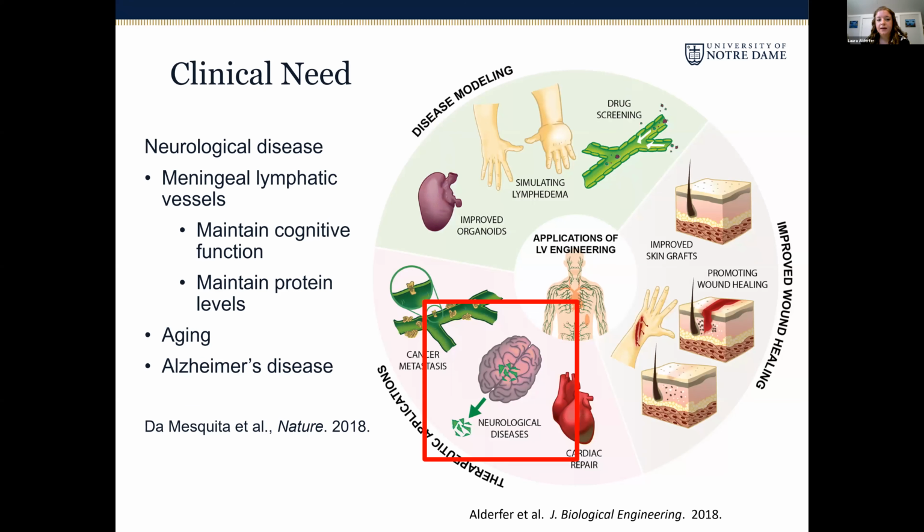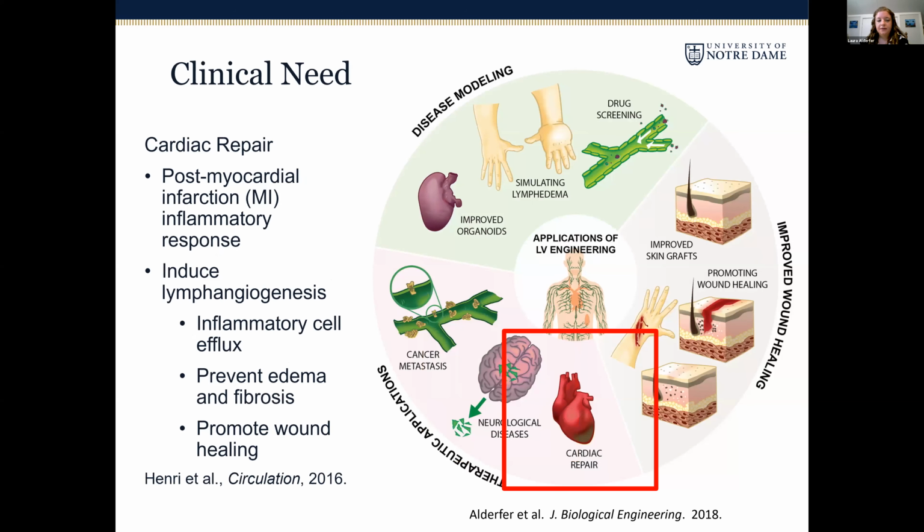We also see that lymphatics are implicated in a host of neurological disorders, including Alzheimer's. So if we can somehow harness the lymphatic system, we can maybe use that as a therapeutic. And then we also see an increased lymphatic response post-MI. So can we somehow use a tissue engineered response to reduce or prevent the chronic damage?